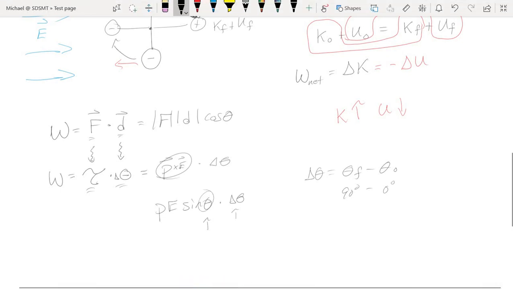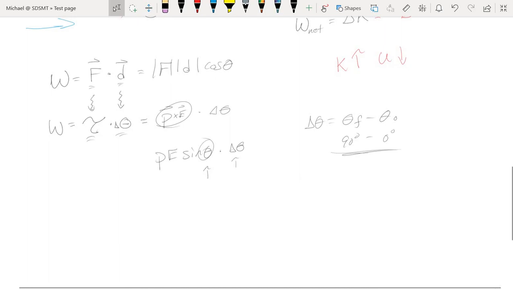Well, this is actually an instantaneous theta value. This could be any theta value in between that range, and that's not going to work for us if we're trying to evaluate how much work we've done.